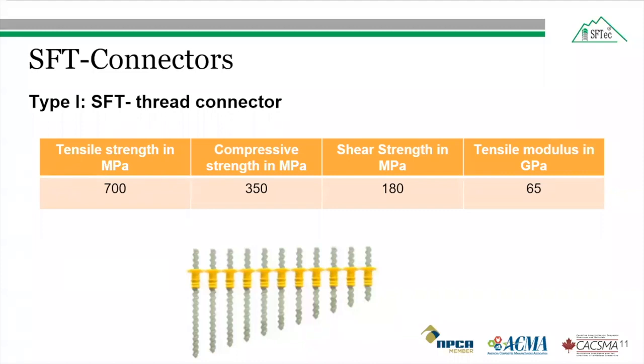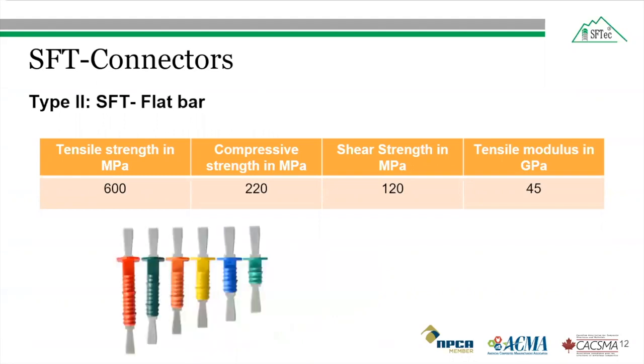The type 1 connector is the SFTec thread connector, which has a tensile strength of 700 megapascal, 180 megapascal shear strength, and tensile modulus of 65 gigapascal. The second type is the SFTec flat bar with tensile strength of 600 megapascal, shear strength of 120 megapascal, and tensile modulus of 45 gigapascal.